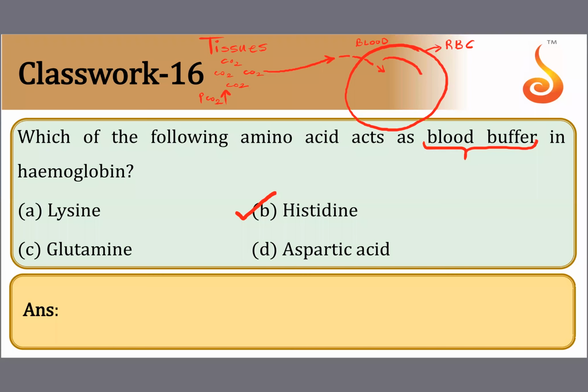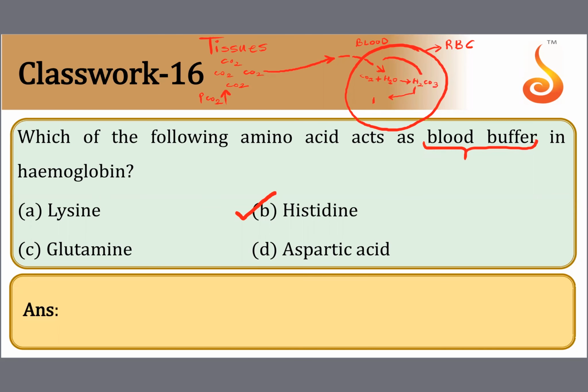Once it diffuses into your RBC, this carbon dioxide combines with water to form an acid called carbonic acid, which will immediately split into bicarbonate, that is HCO3 minus.